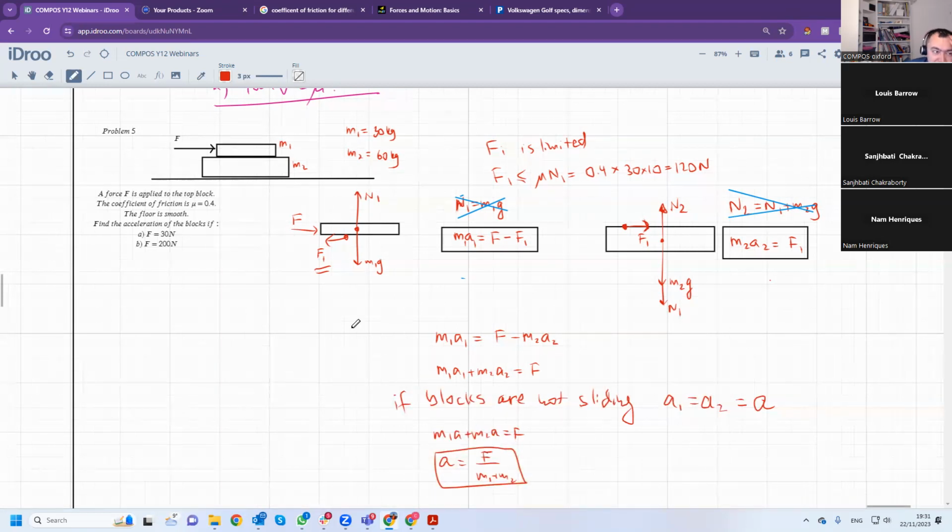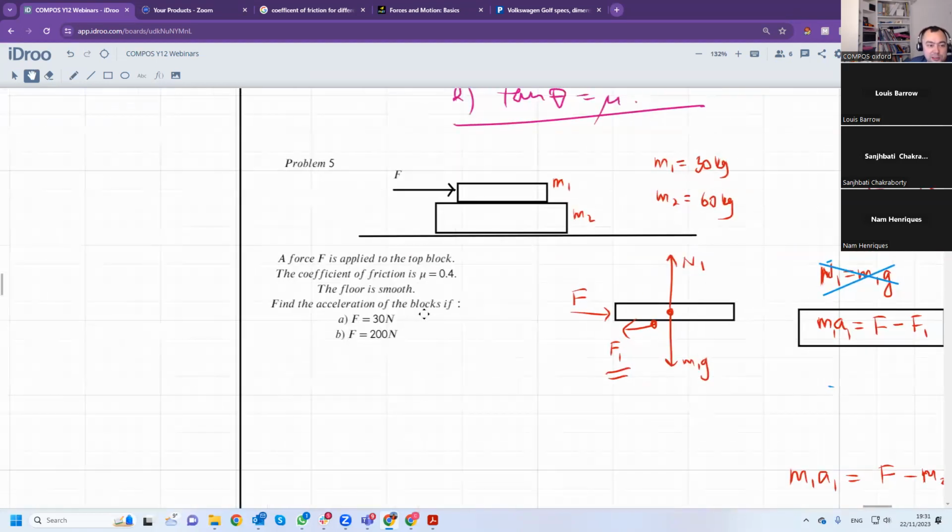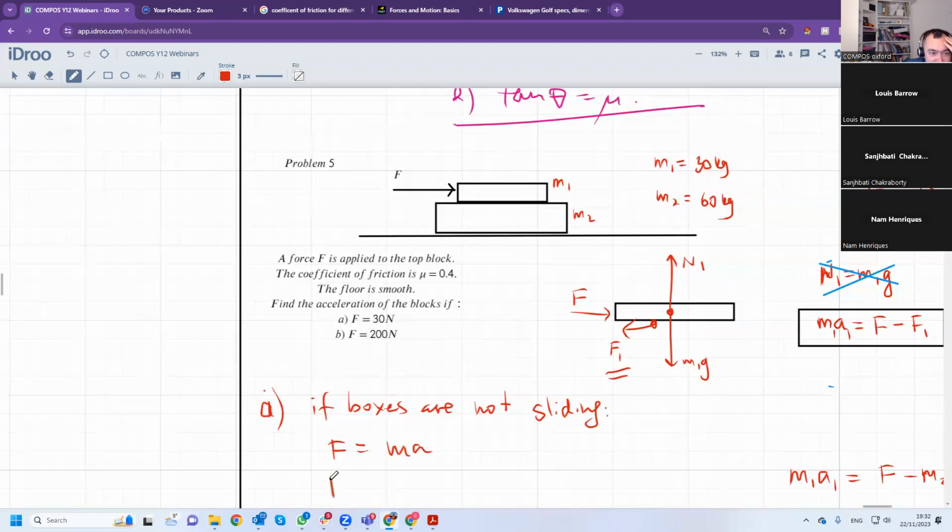Of course, if the boxes are not sliding, then F equals MA, so F equals (M1 plus M2) times A.